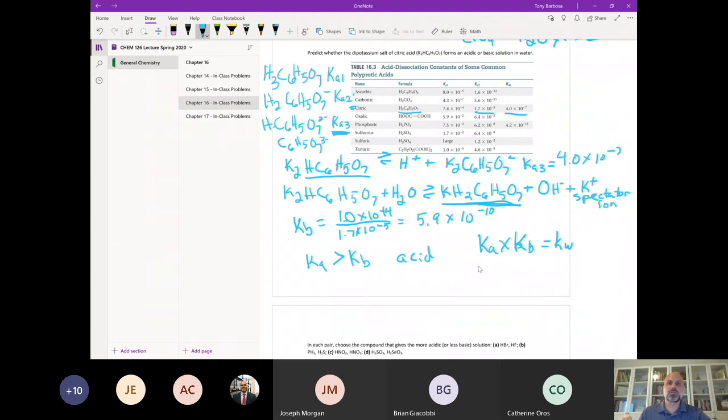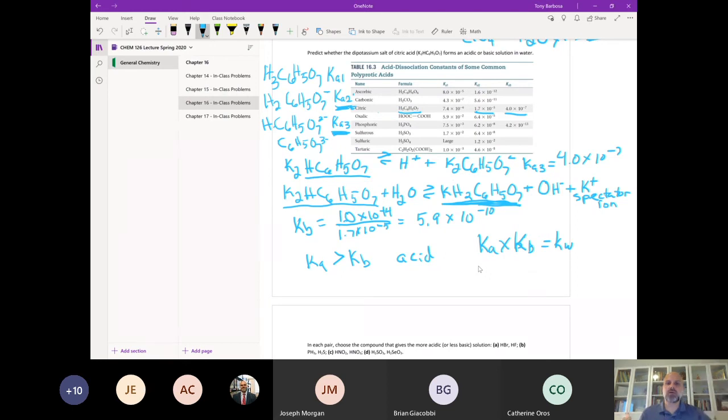In the second example, the part on the left is the one that's acting as a base, because we're drawing a base equation here. The one on the right is the one that's acting as the acid. And we can see that we have the H2C6H5O7 minus, so we need to use Ka2 in this part, because that's the one acting as an acid.